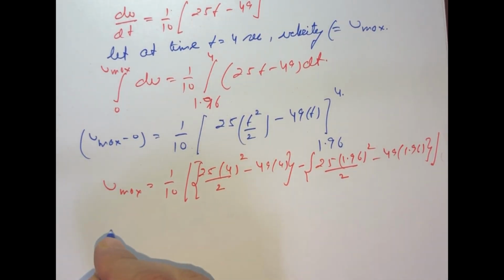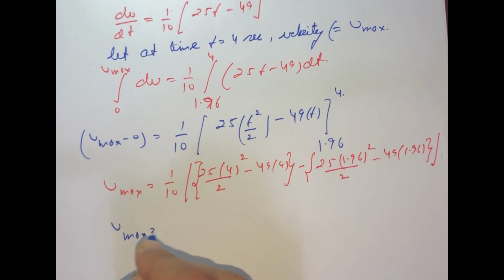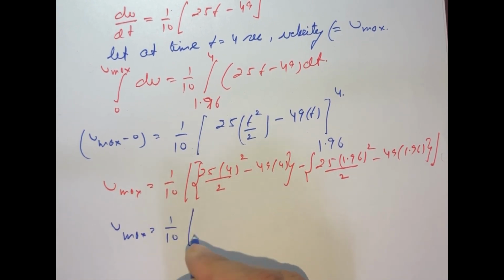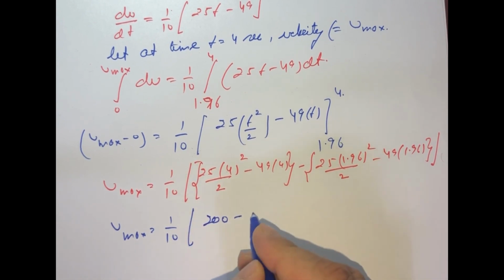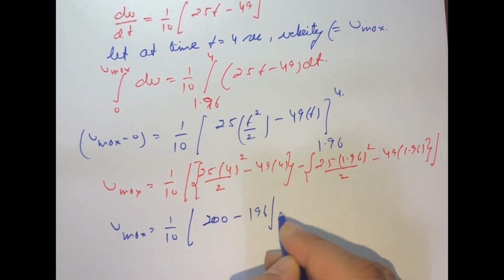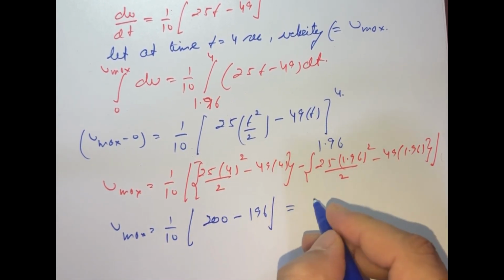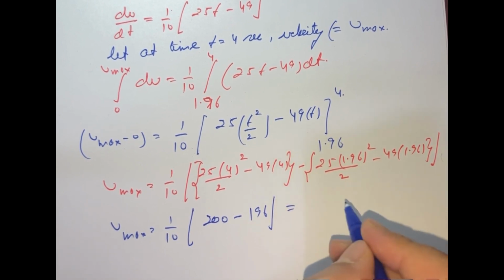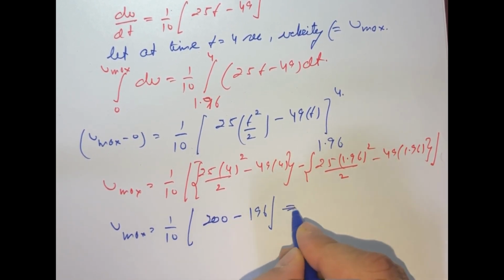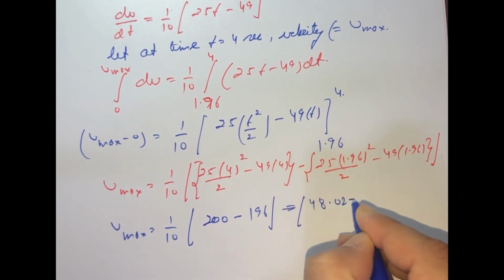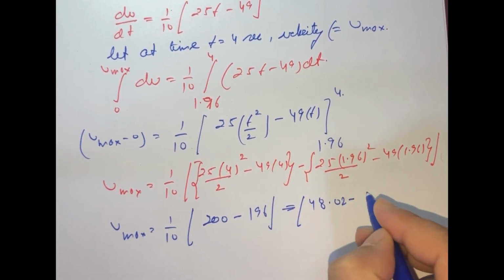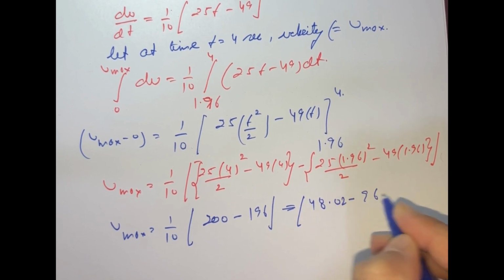So Vmax equals 1/10 times: 200 minus 196, and the second part is 48.02 minus 96.